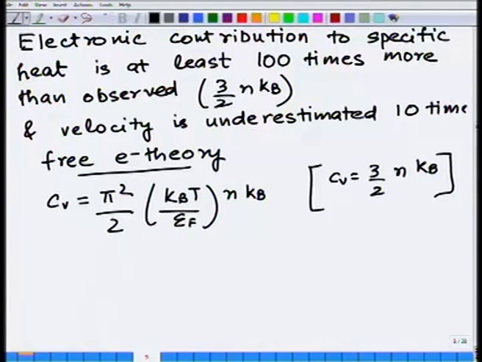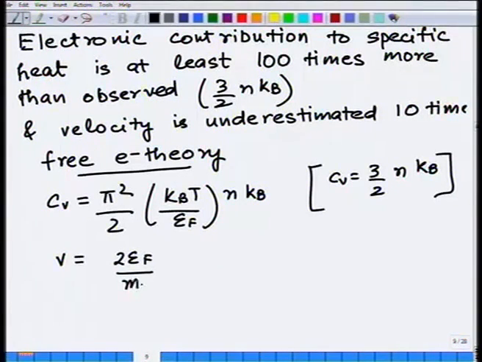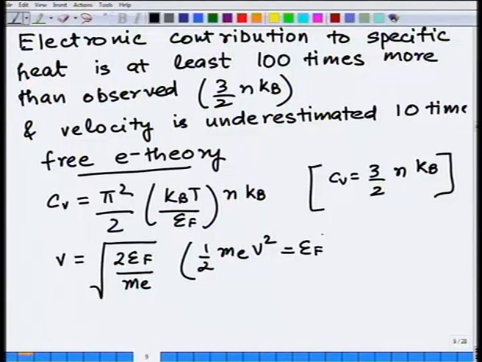Now, if you simultaneously estimate the velocity by v = √(2E_F/m_e), that is according to half m_e v squared being equal to the Fermi energy.